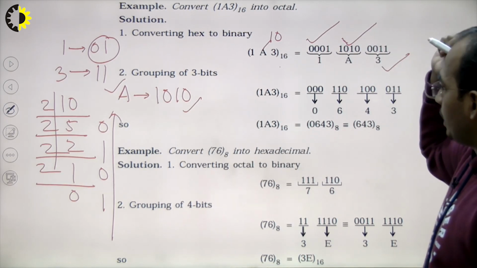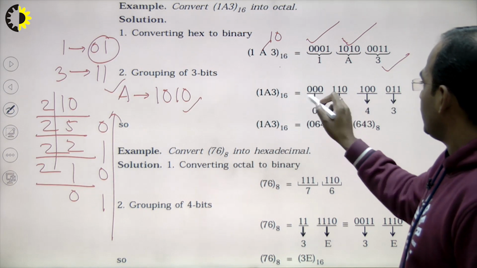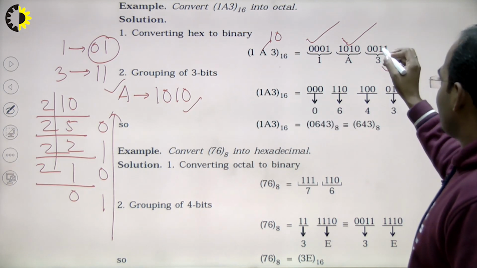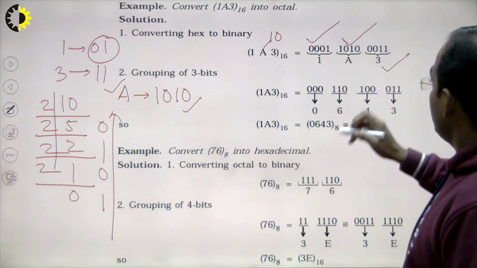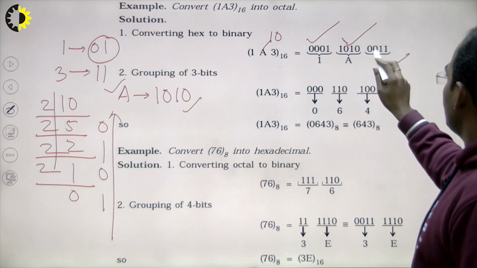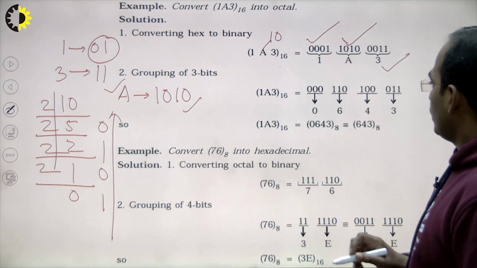Now, I have to convert this into the octal number system. For this, I have to make pairs of 3 digits. From where do I have to start? I will start from the left side. So, the groups will be 011, 100, 110 and 000.